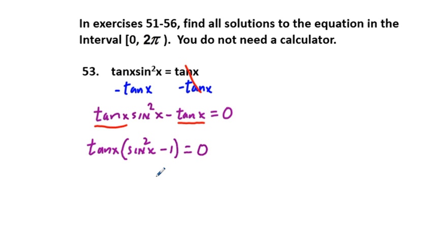And what we have is the sine squared x minus 1. It may not be readily apparent to you, but that is a form of a difference of squares. So tangent x we're just going to bring down, but we can rewrite this sine squared x minus 1 as a product of two binomials, which are going to be sine x minus 1 times quantity sine x plus 1.